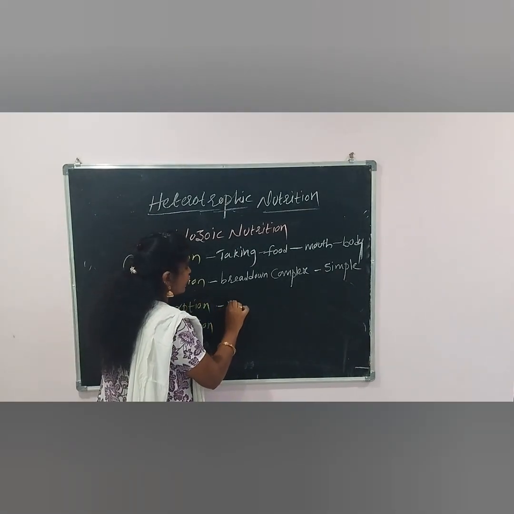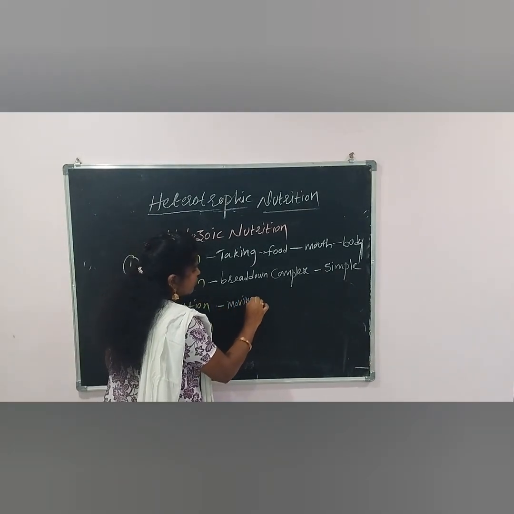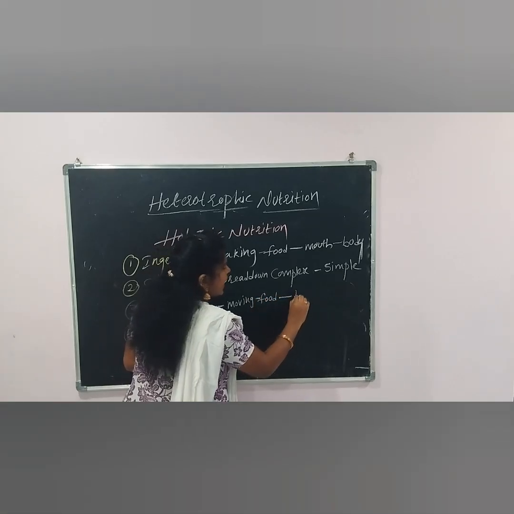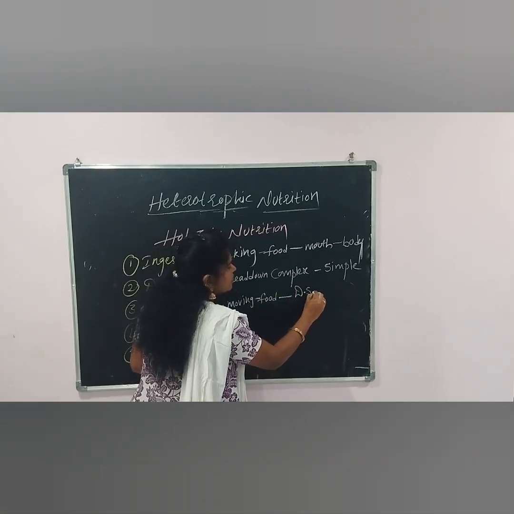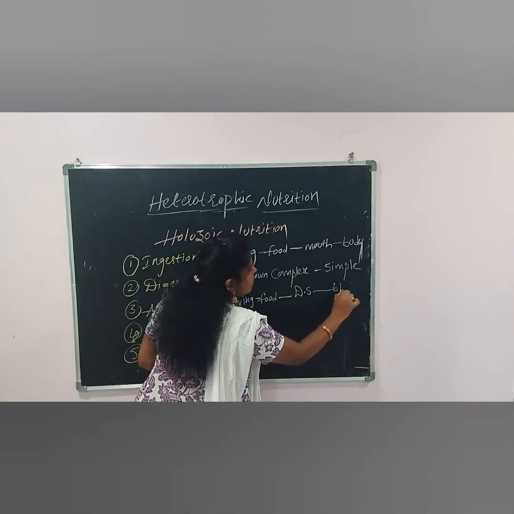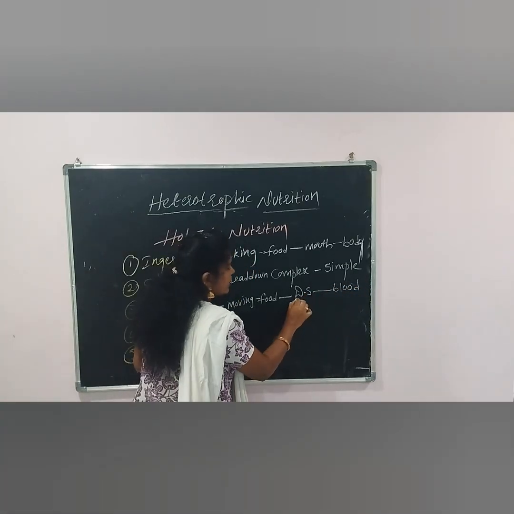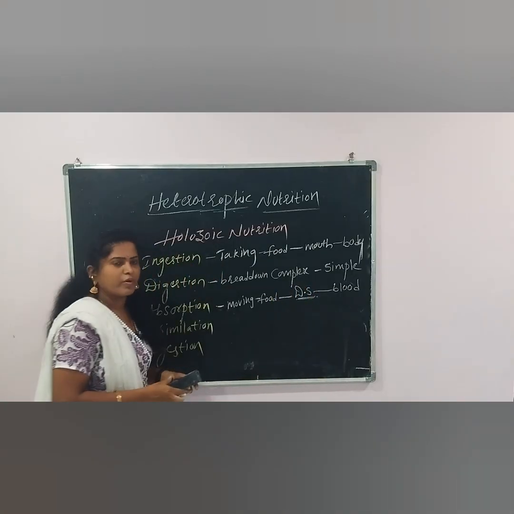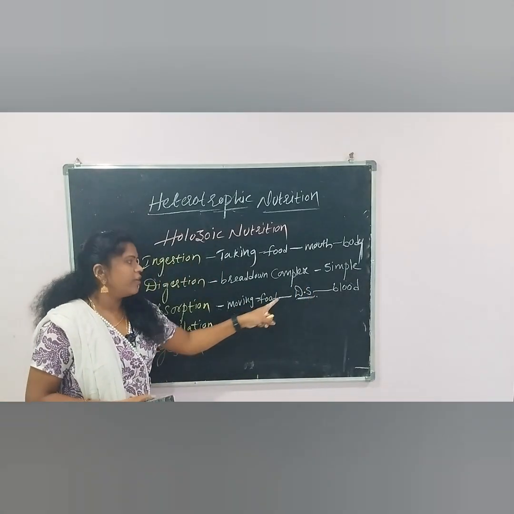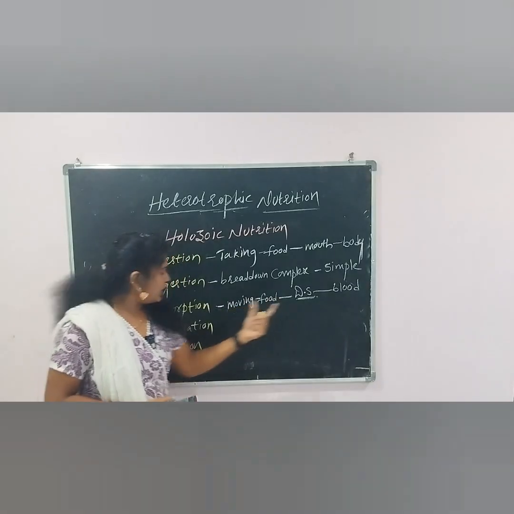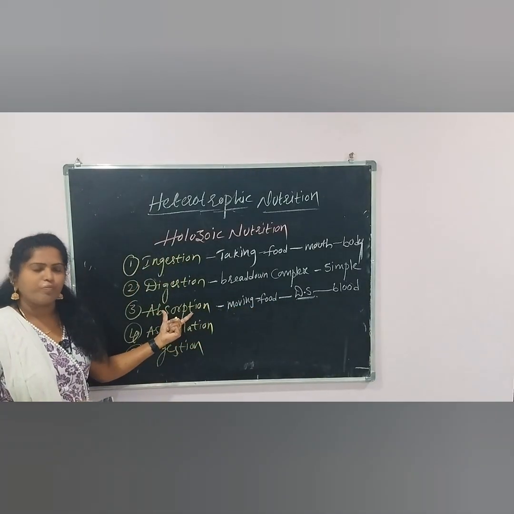Moving the food from the digestive system into the bloodstream. Here in the short form I wrote blood, and DS means digestive system. Moving the food from the digestive system into the blood is called absorption.